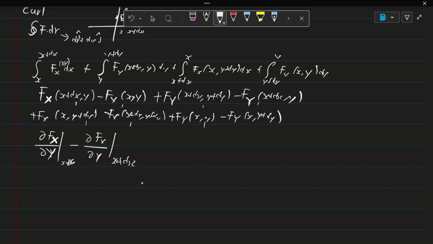And then if you do the same thing for the other side, it's the partial f big Y over partial x. Evaluate it at y plus dy minus the partial f big Y over partial x at y.